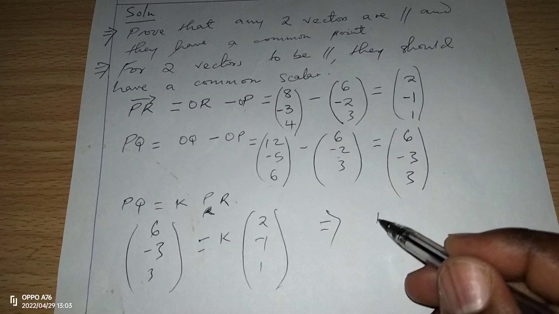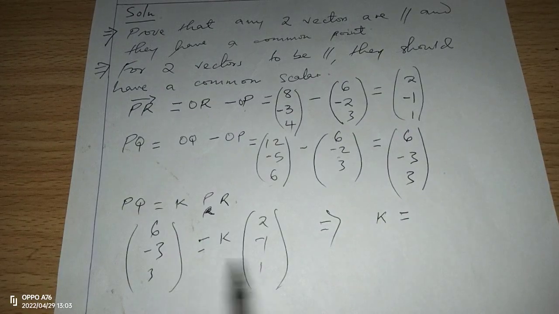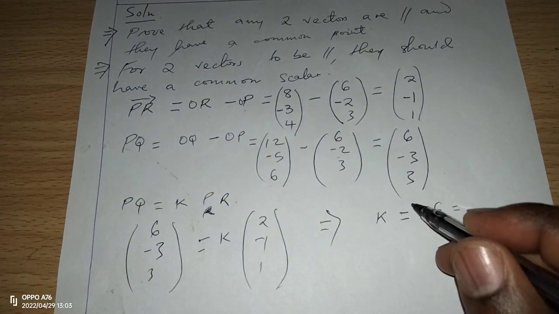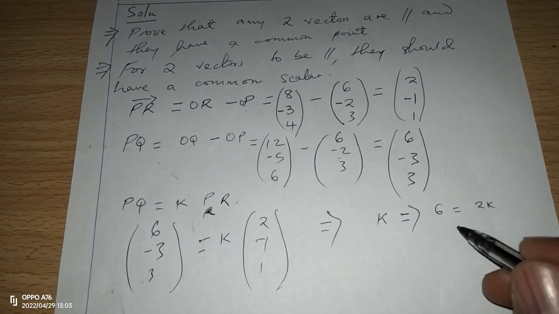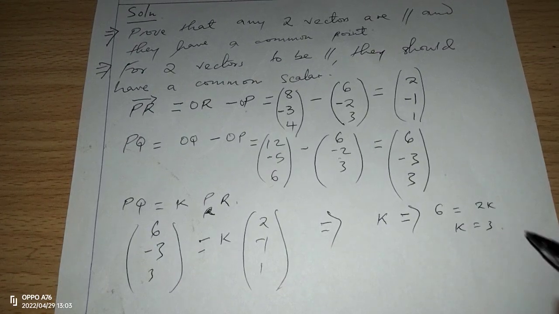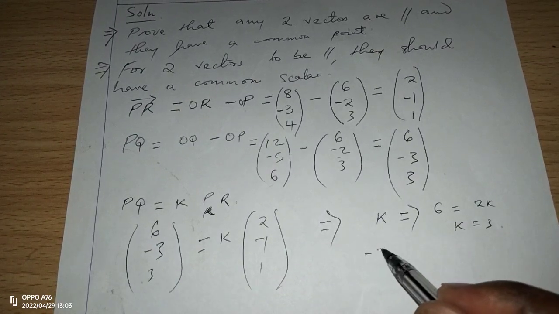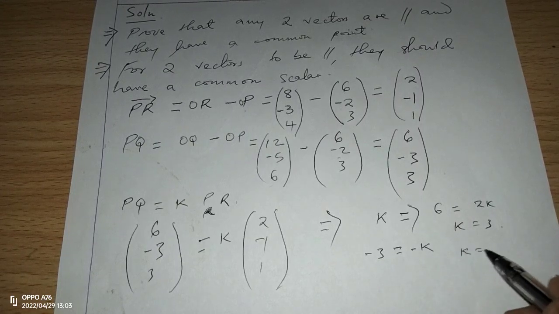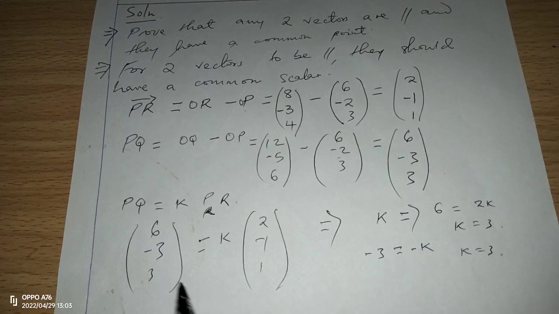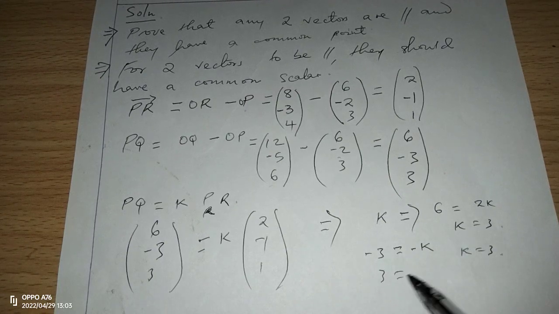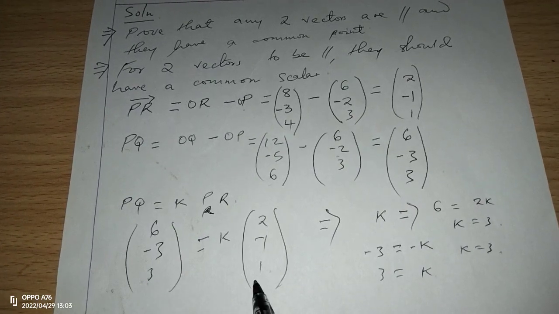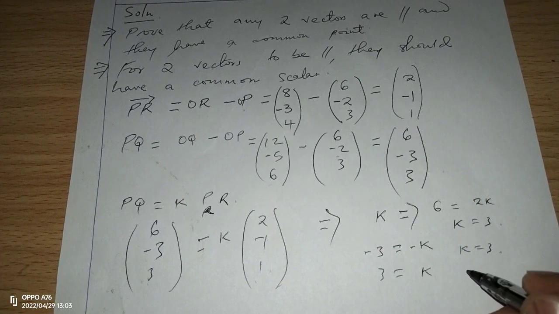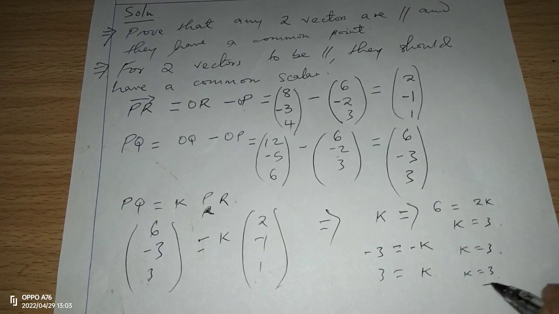In this case, 6 equals 2k, such that k is 3. Again, negative 3 equals negative 1k, whereby k is equal to 3. And finally, we have 3 equals 1k, according to this other dimension here. Therefore, k again becomes 3.